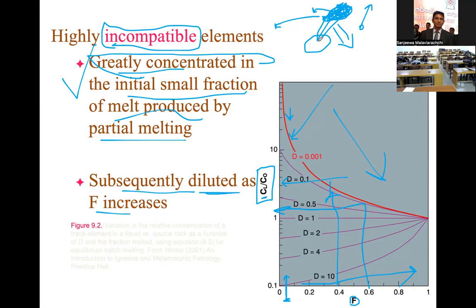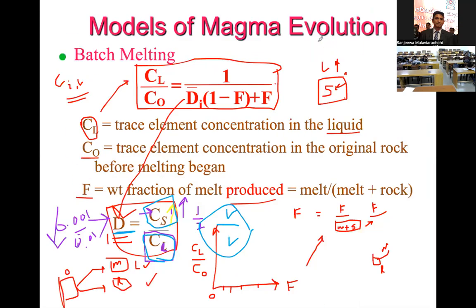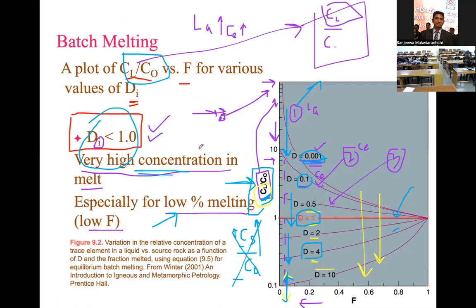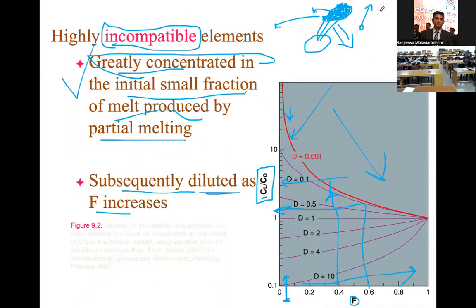That means we simply use this equation for our batch melting processes to make it simpler, right? Otherwise, there will be some integration processes. We have to consider each and every drop one by one. So it's very complicated, and at undergraduate level we are not dealing with that.